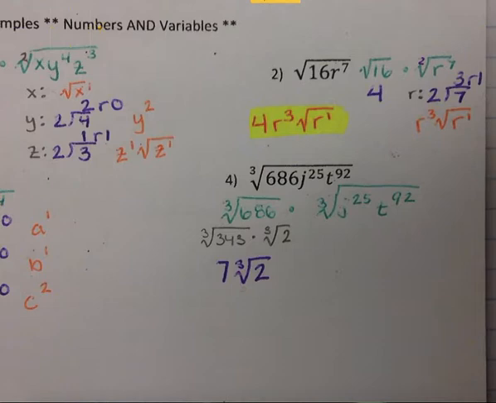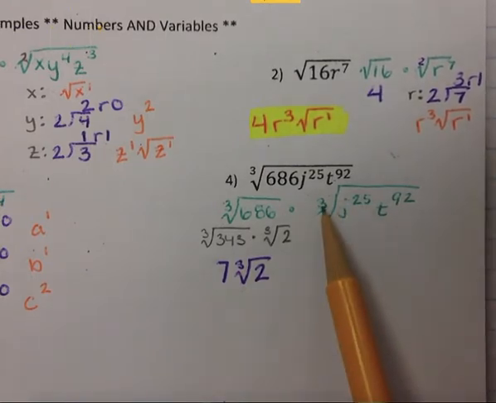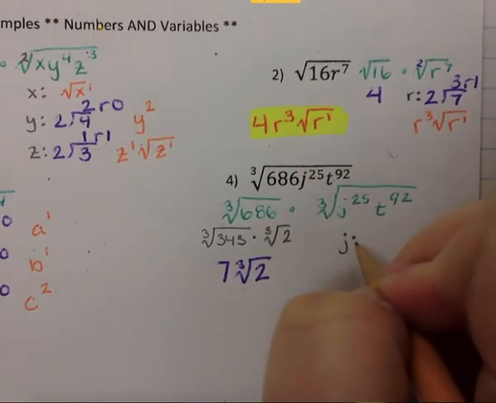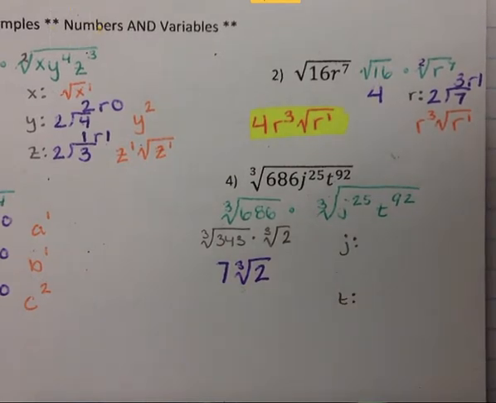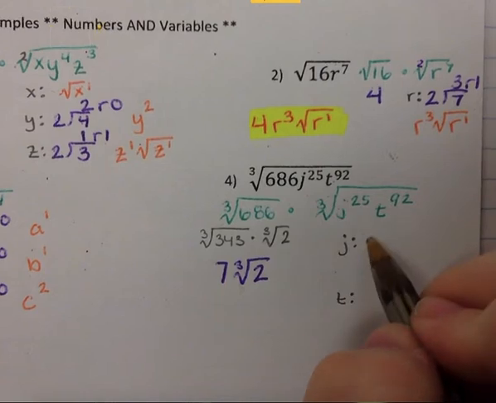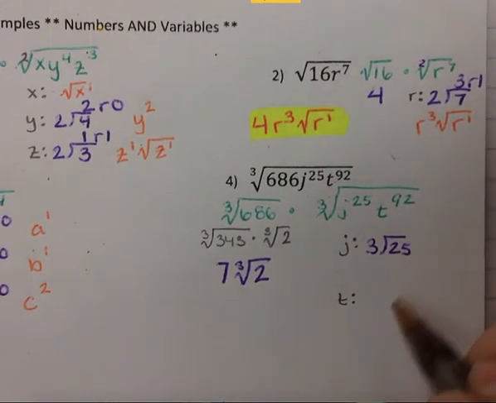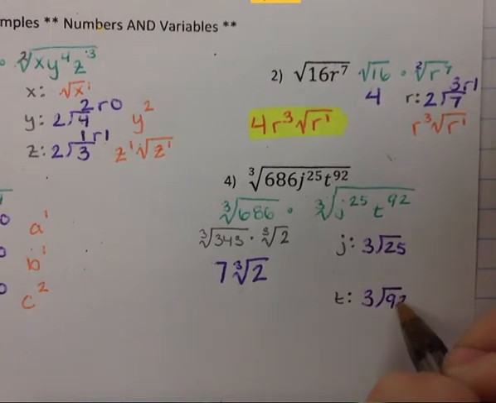Next part is our letters. 3 is smaller than 25, and 3 is smaller than 92. That means we will be able to simplify both letters. So J's will simplify, and T's will simplify. So for the J's, I want to know how many times will 3 go into 25, and for the T's, how many times will 3 go into 92.